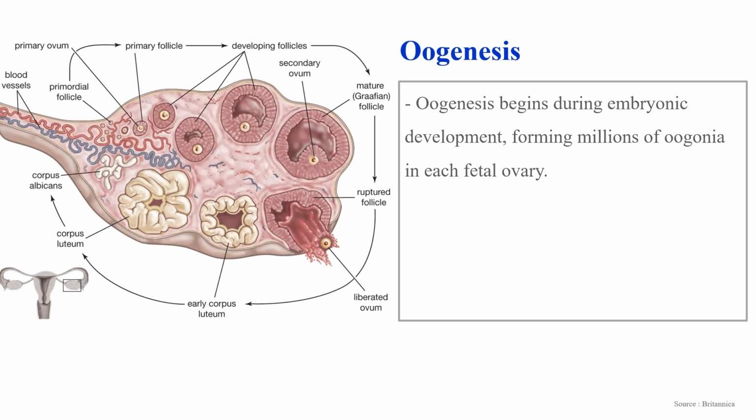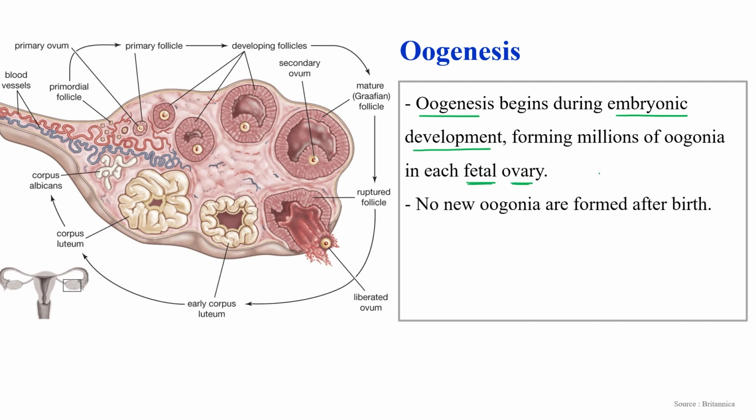Now, oogenesis means development of ova. Oogenesis begins during embryonic development, forming millions of oogonia in each fetal ovary.